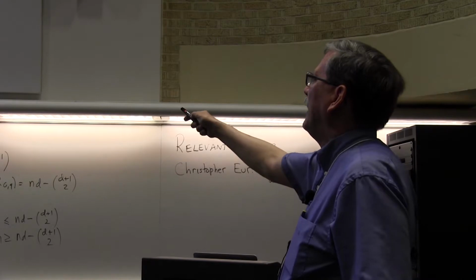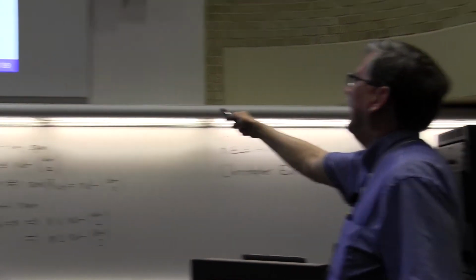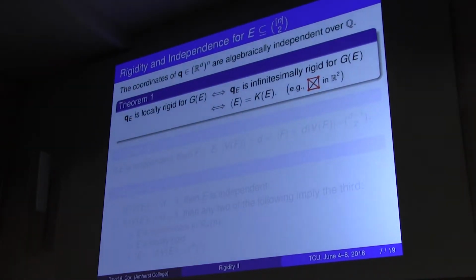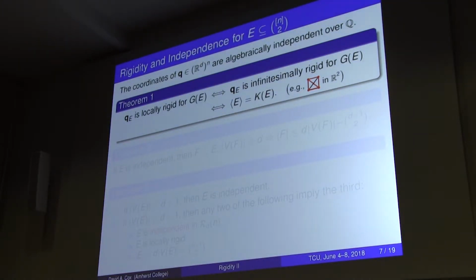For example, if my edge set had these five edges, then the matroidal completion would add in that edge, but of course the graphical completion would add it in too. And notice that here it's important that I'm working in R2, because that's the complete graph, and there I get locally rigid.